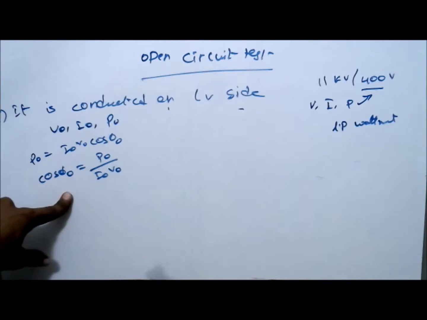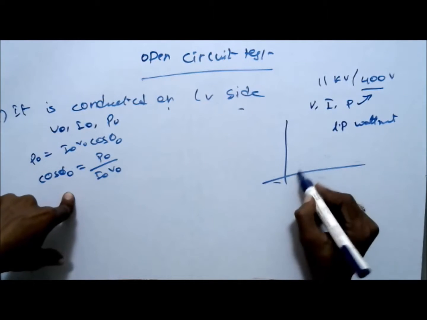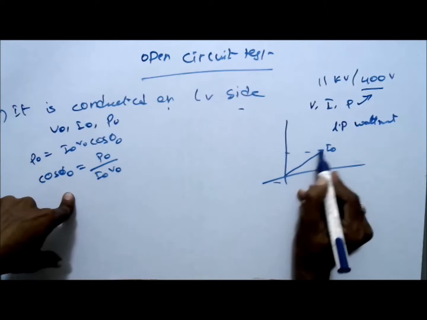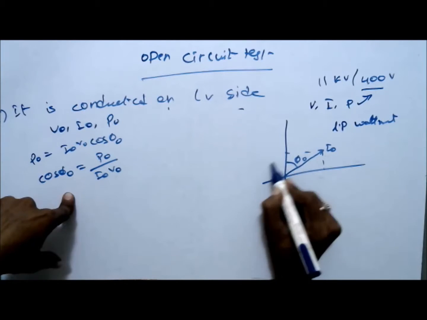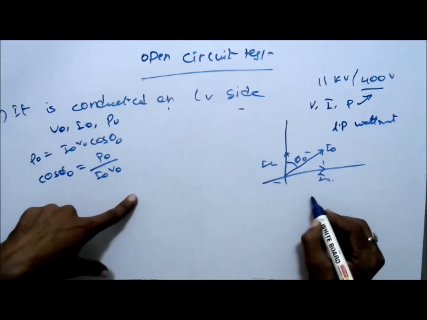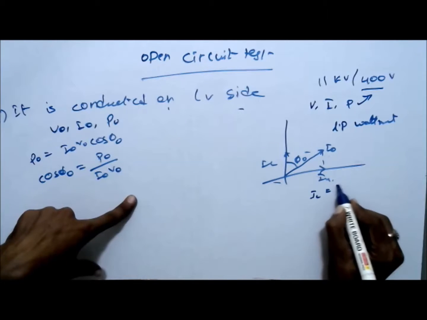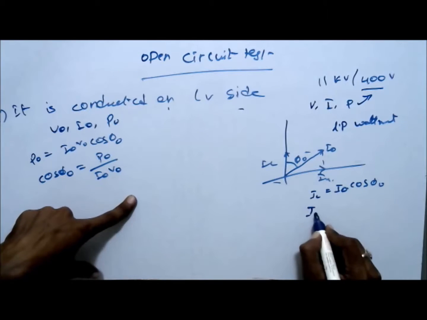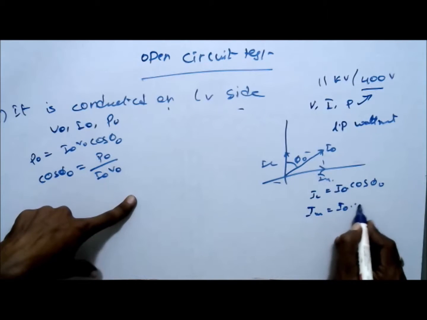Now see this figure again: I naught, phi naught, IC, IM. See here, IC is equal to I naught into cos phi naught. Is it correct? IM is equal to I naught into sin phi naught.